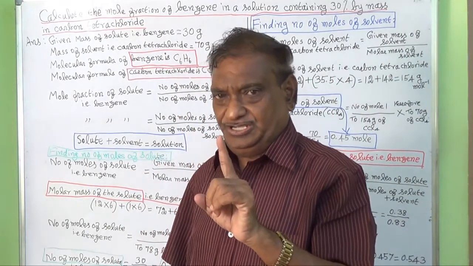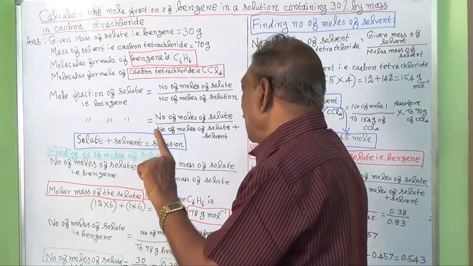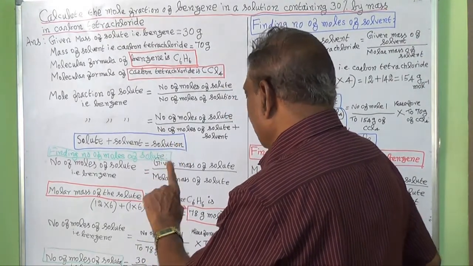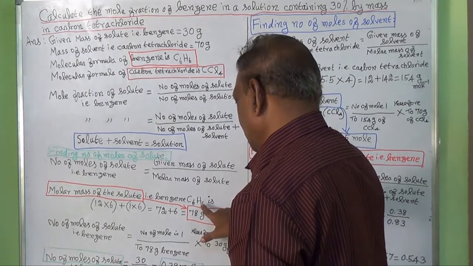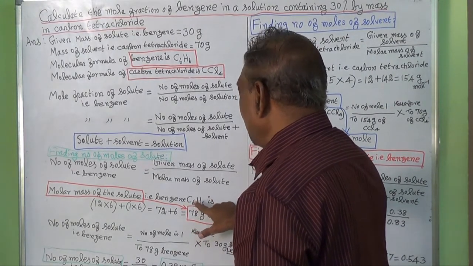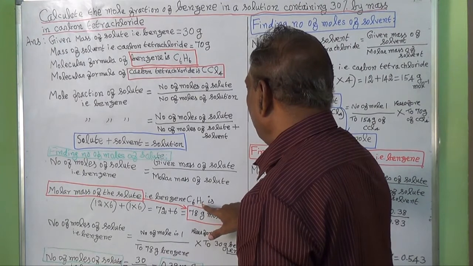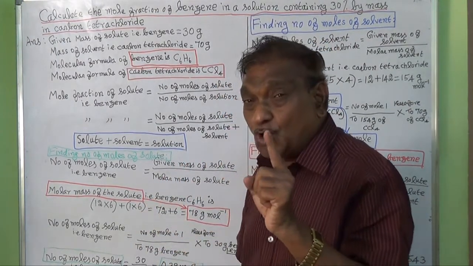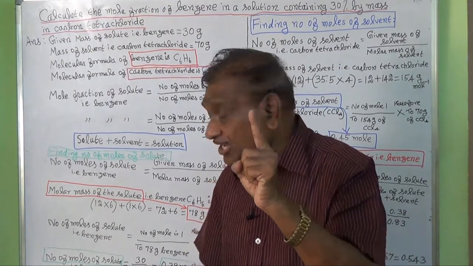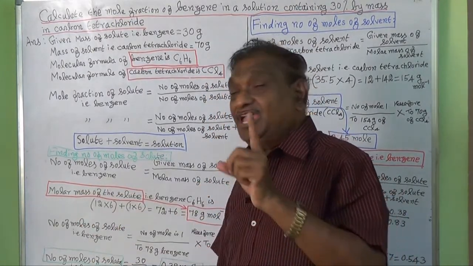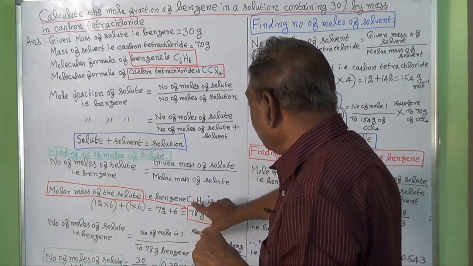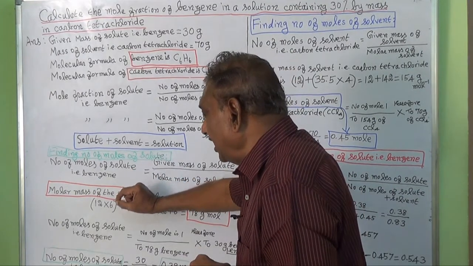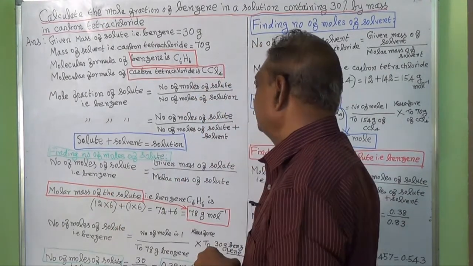In this case, the molecular formula of the solute, that is benzene, is C6H6. The carbon is 6 atoms and the hydrogen 6 atoms. The atomic mass of one carbon atom is 12. Here there are 6 carbon atoms, so we multiply 12 by 6.